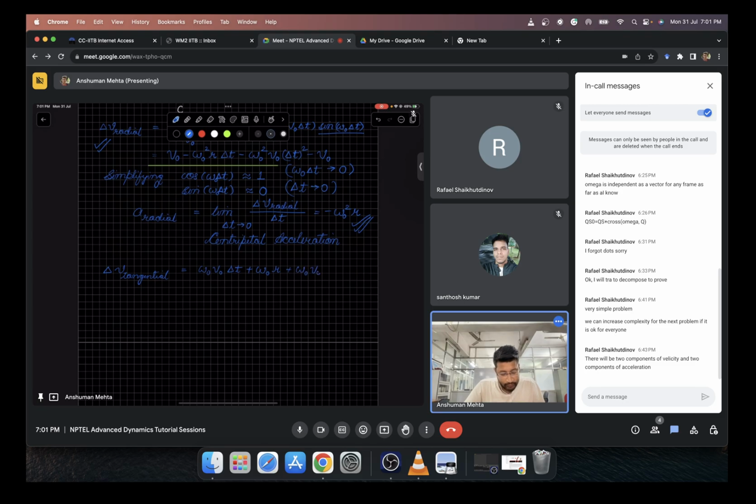Now just imagine if I use this method in a system of many ants moving randomly. If we go on solving like this, it will take a huge amount of time as well as effort. So hence these formulas help in that way.